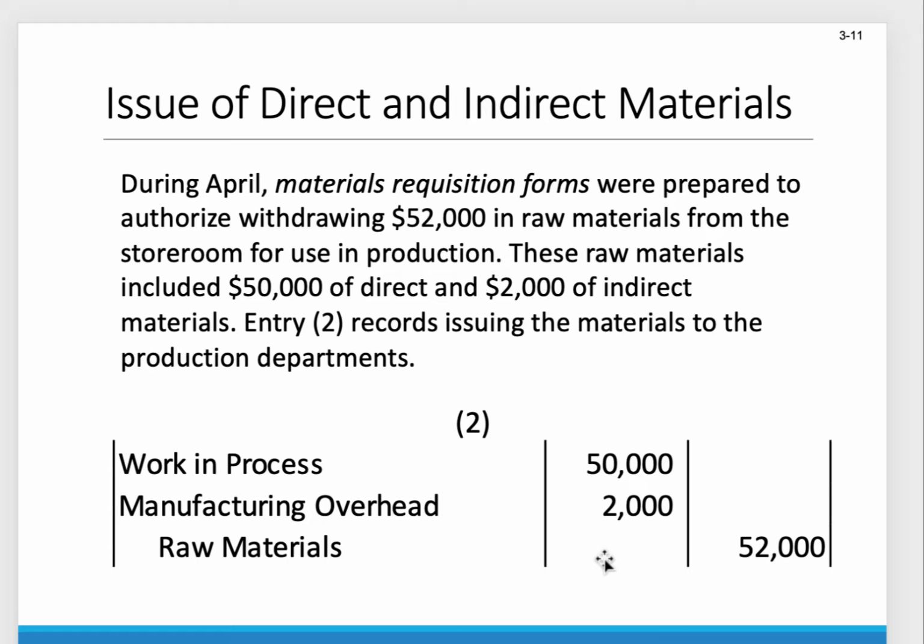As all those physical pieces show up to the production department, those direct costs also flow to the work in process inventory account. Work in process is an asset. We increase assets with a debit. That's why we see this 50,000 on the left side of these two columns here.